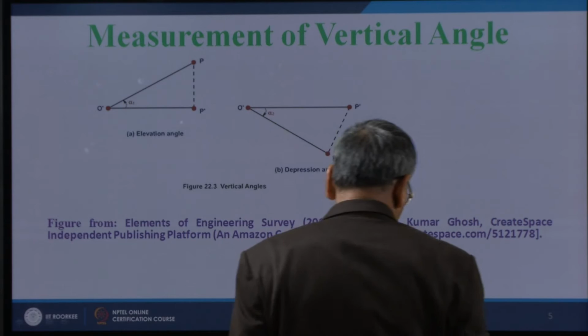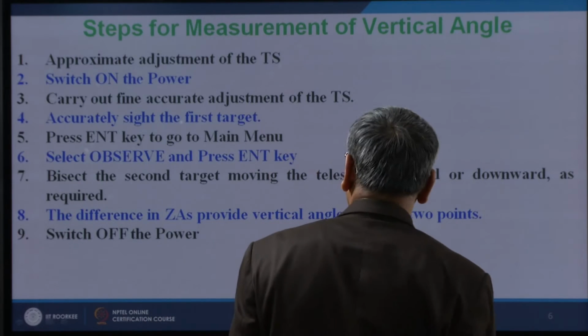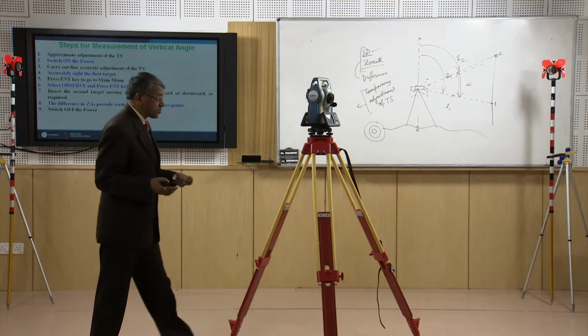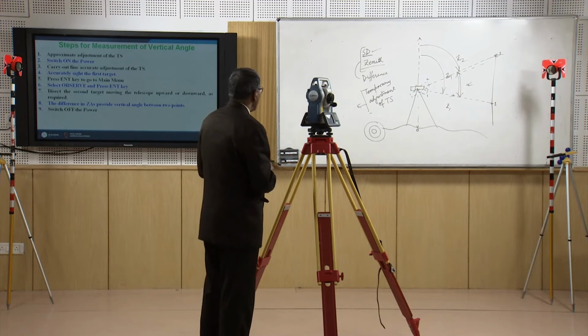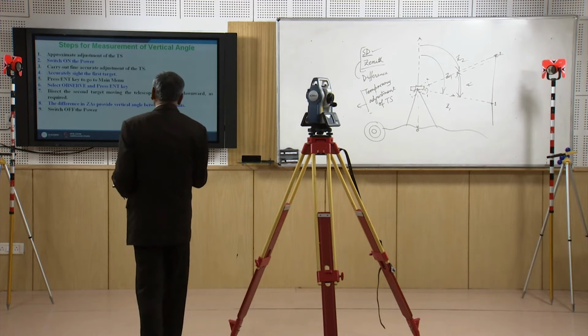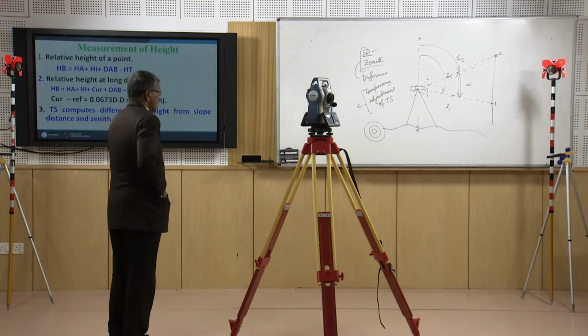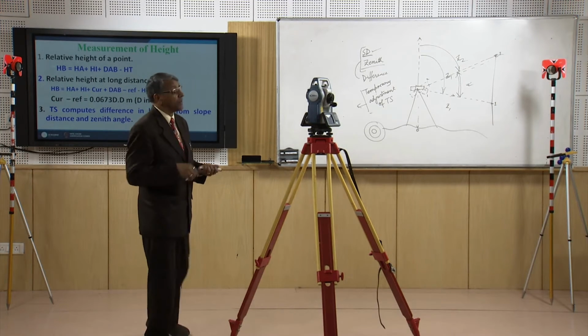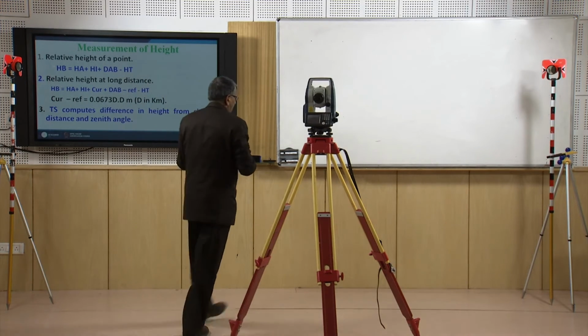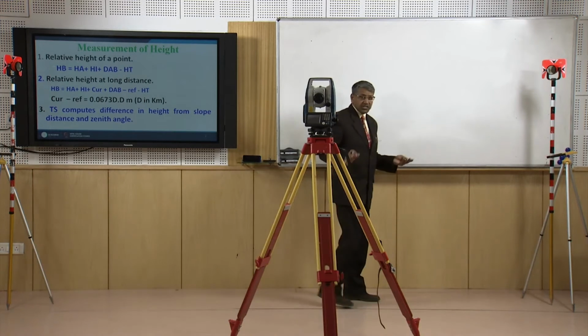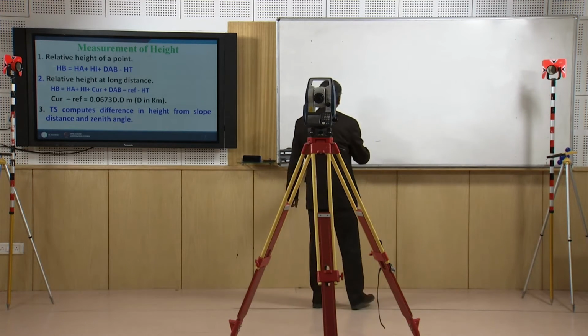But for total station actually we are not much interested in measuring the vertical angle, rather we are interested in measuring the height. So let me now explain about measurement of height. Now in case of total station, actually we measure the relative height.